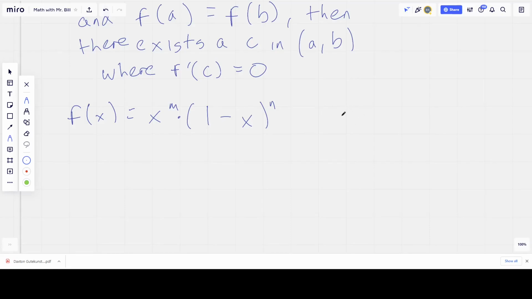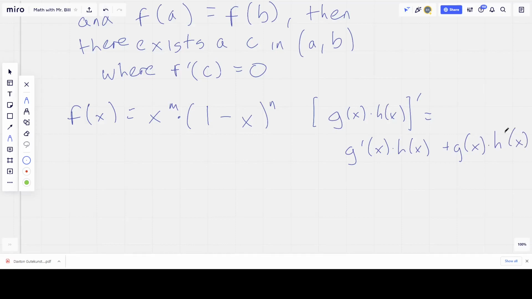And if we remember from before, if we have a product of two different functions, so say g of x times h of x, and we want to take the derivative of that, then that is going to be equal to the derivative of the first times the second plus the first times the derivative of the second. Or it could be vice versa, depending on how you were taught it.